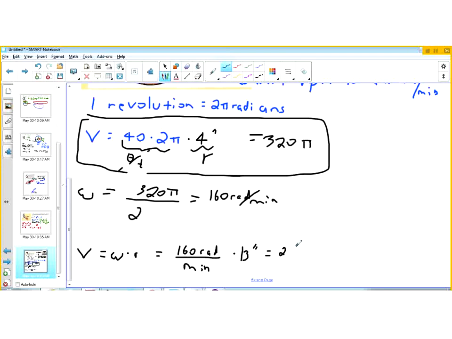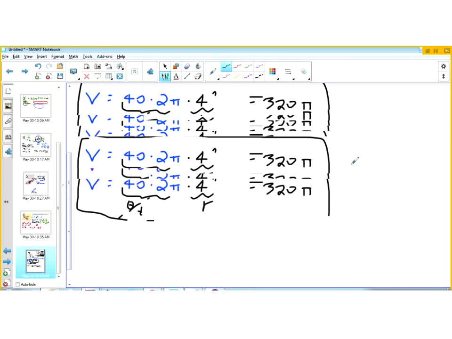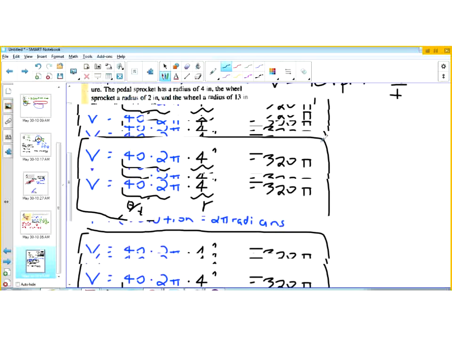So this would equal 2080 pi feet per minute, and if we convert that to miles per hour, that would be 74.26 miles per hour. That would be the velocity of the bicycle.